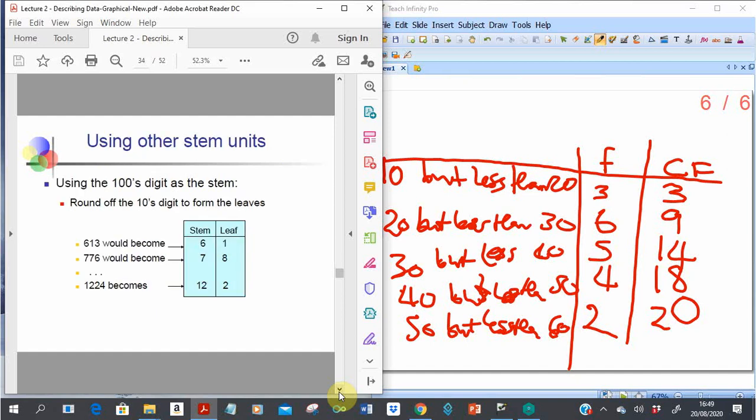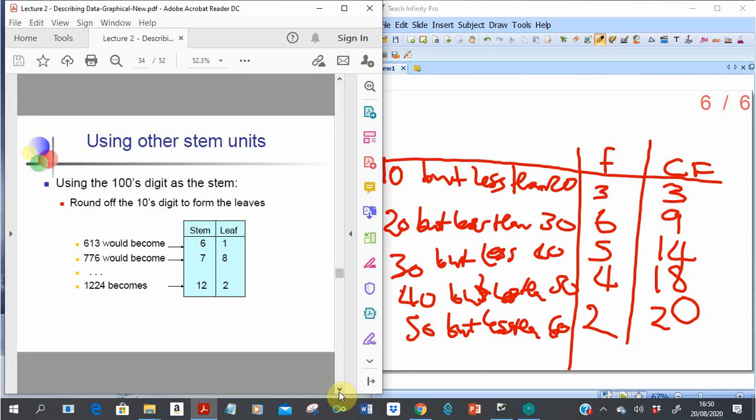Okay, for numbers with 3 digits, we just round off the third to the second digit. Like 613, 6 becomes the stem and 1 becomes the leaf, because 3 is less than 5, so we can't get a 1.